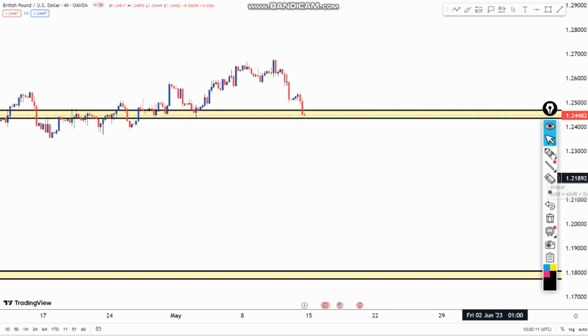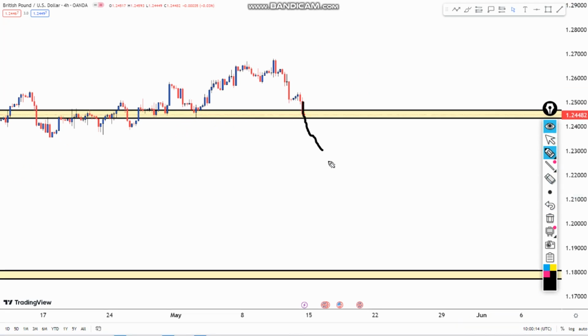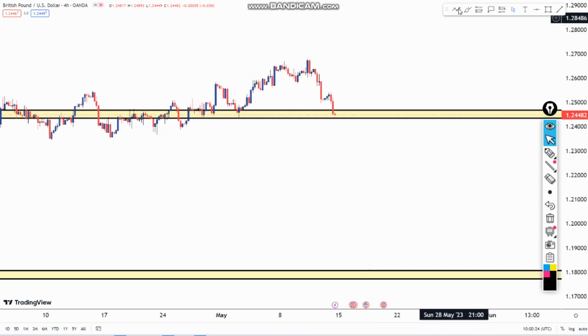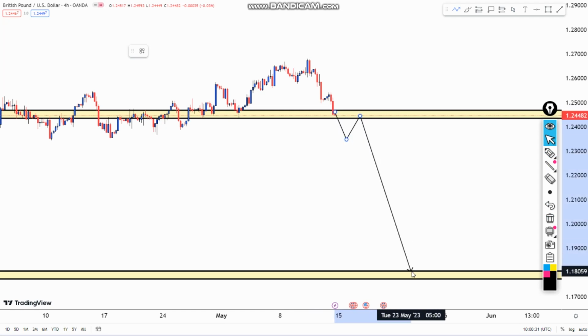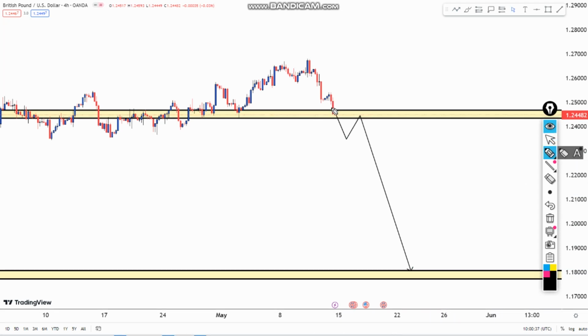Once price manages to break below here, then you can come in with more sell entries, because now we know the overall direction of the market on EURUSD and then GBPUSD as well. So this is my full analysis on all of these pairs, EURGBP, EURUSD, and then GBPUSD. We're expecting something like this before we pick a sell all the way to the downside. I'll come with another analysis once price is able to break below this support level.